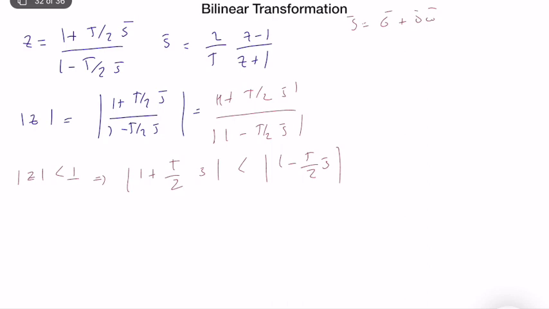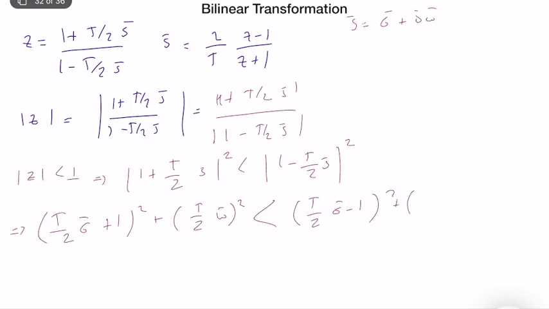If this is true, I can take the squares. If this magnitude is less than this magnitude, taking the squares I obtain the same thing. This gives (T over 2 sigma bar plus 1) squared plus (T over 2 omega bar) squared is less than (T over 2 sigma bar minus 1) squared plus (T over 2 omega bar) squared.